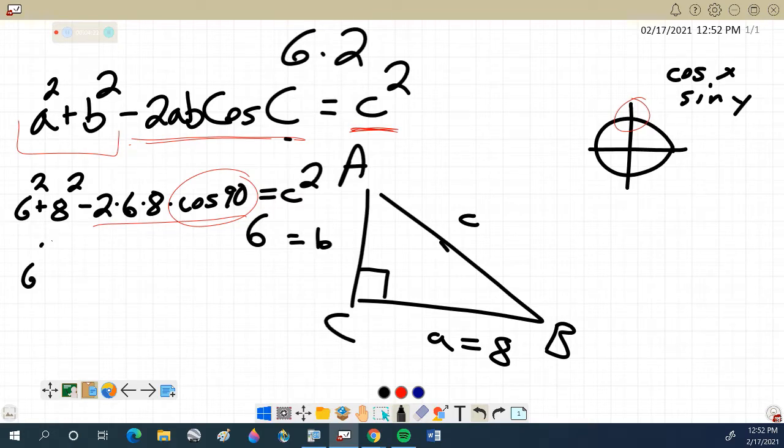And then we just get 6 squared plus 8 squared equals c squared. So the Pythagorean theorem is the law of cosines for right triangles. The law of cosines is kind of a bigger formula than the Pythagorean theorem. When c equals 90, the law of cosines just turns into the Pythagorean theorem.